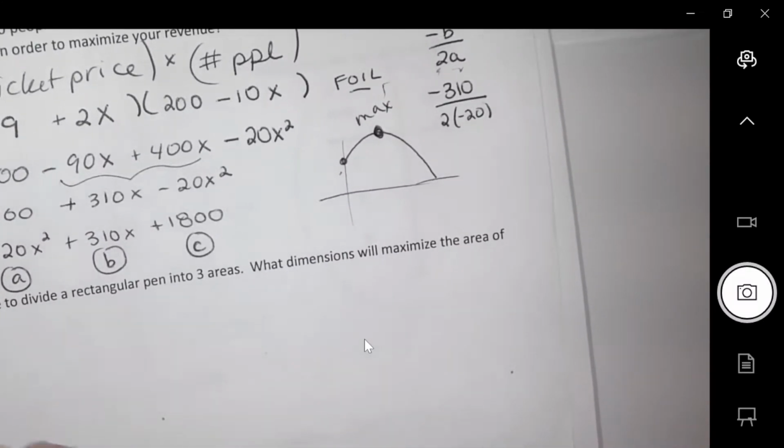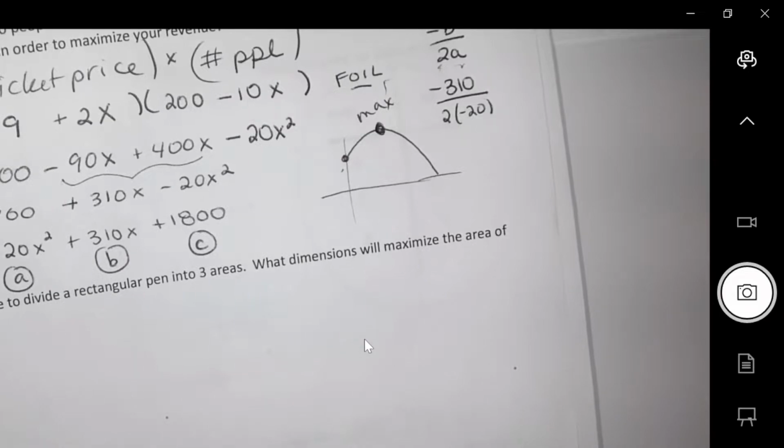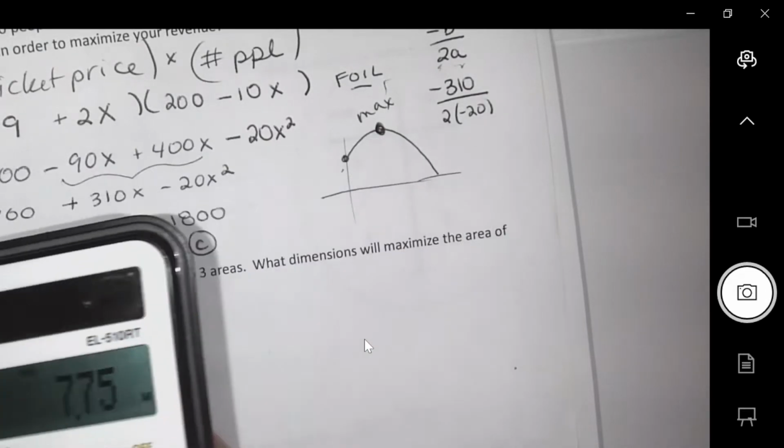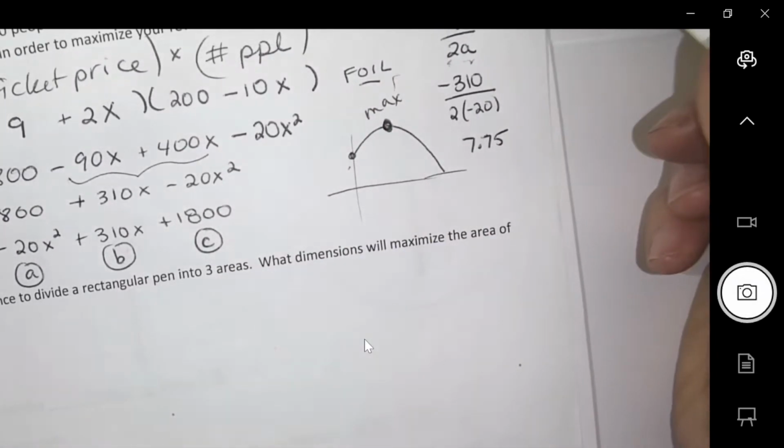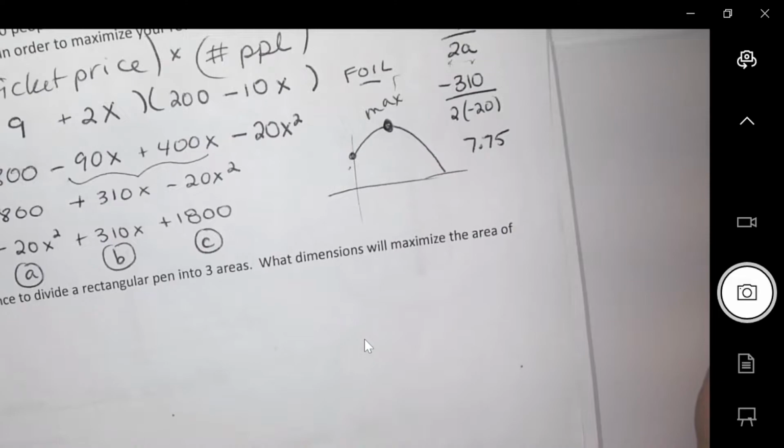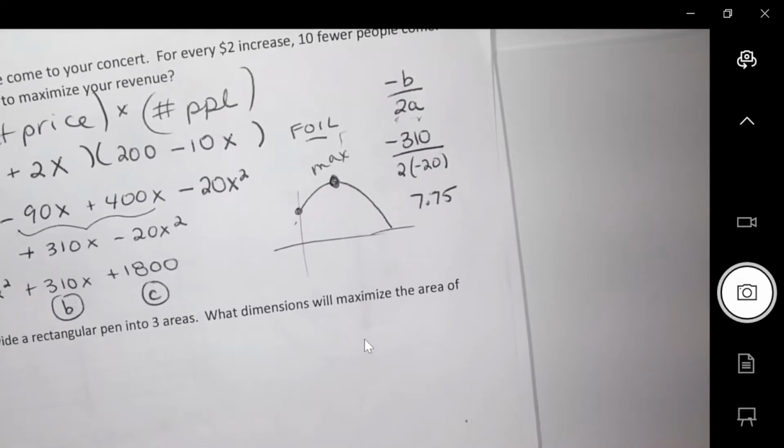And when I'm typing this into my calculator, what should I make sure I'm being very careful with? Brackets. Okay, 7.75, everyone was good with that number because they did their brackets.